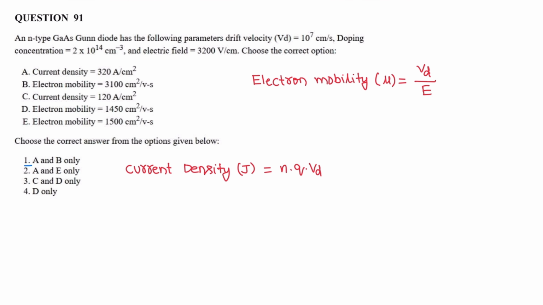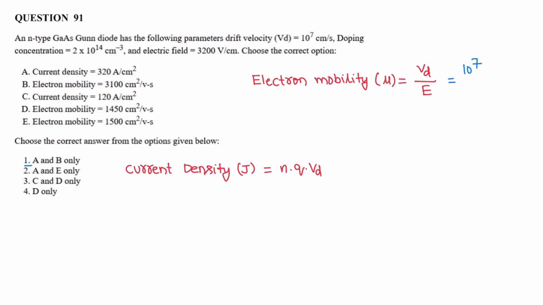Question number 91. N-type gallium arsenide Gunn diode has the following parameters. Drift velocity Vd is 10 power 7 centimeters per second, doping concentration is 2 into 10 power 14 per centimeter cube, and electric field is 3200 volt per centimeter. Here all the parameters are given in terms of centimeters.